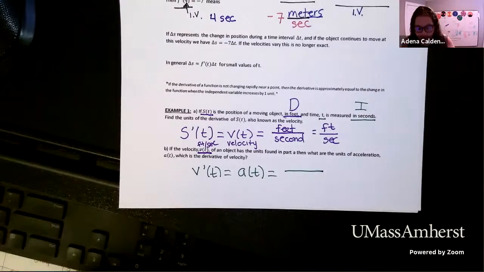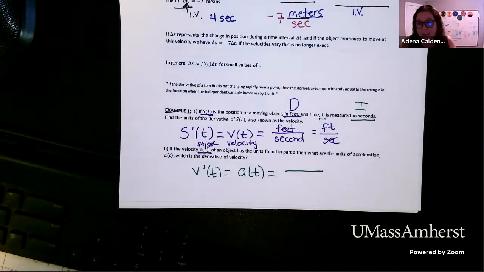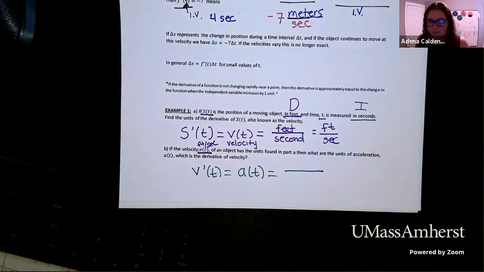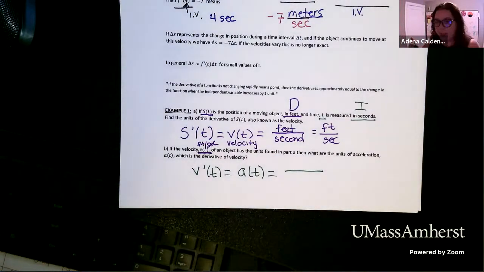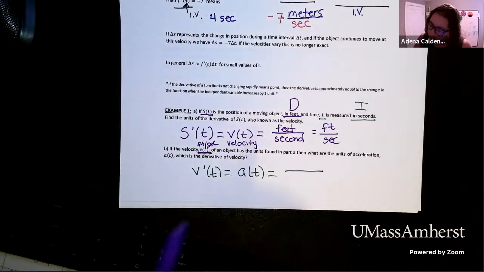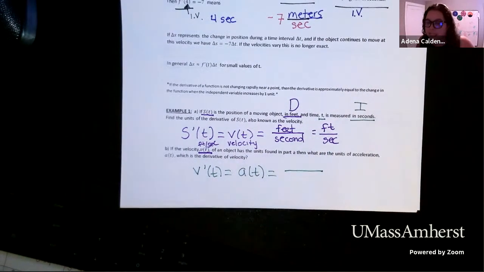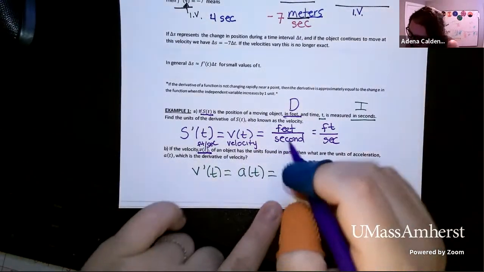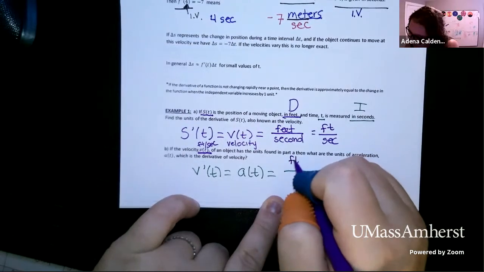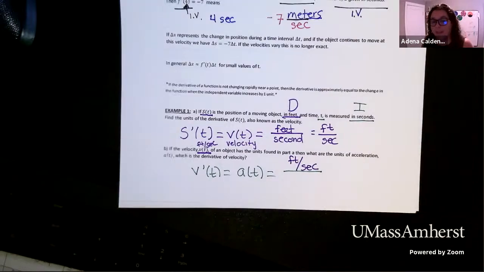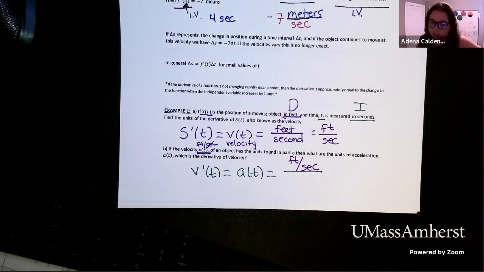What do we need to know here? We need to know the dependent units of velocity and the independent units of velocity. The dependent units of velocity are feet per second, since velocity is given in feet per second. So up here, we're going to have feet per second, and we need to divide that by the independent units of velocity.